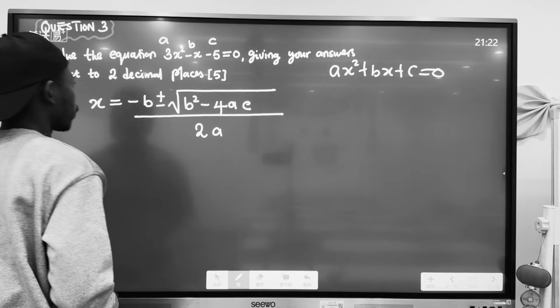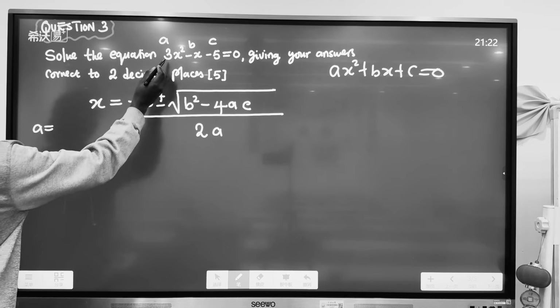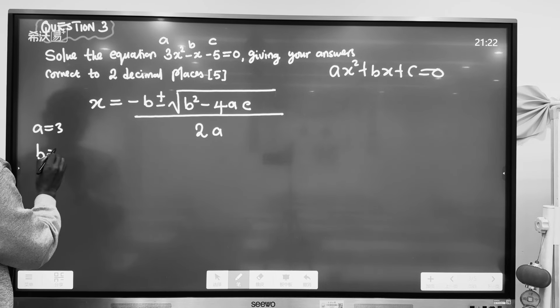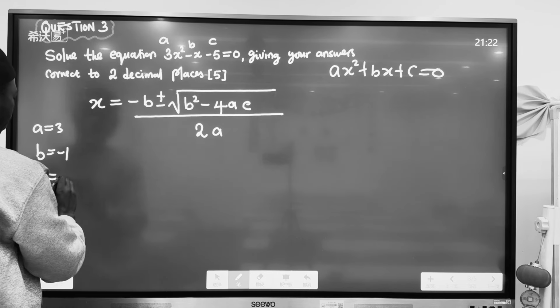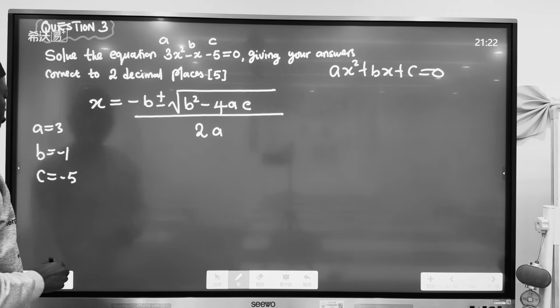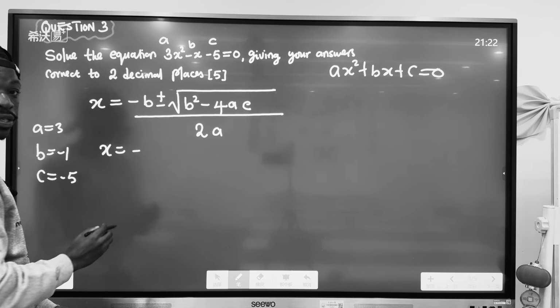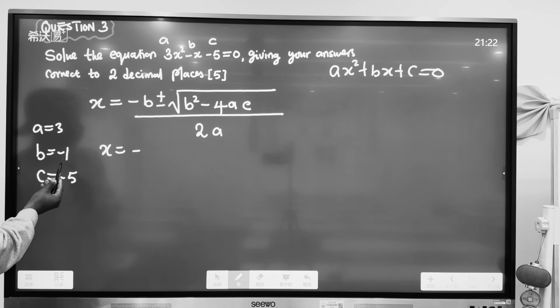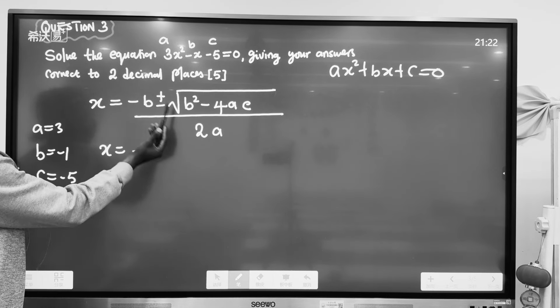Okay, so let's first of all know what our a here is. So a is this 3, b is -1, and c is -5. Take note there's -1 here. Okay, so we're going to say x is equal to negative. What is b? b is -1. But remember, the formula already has negative, it's negative b, okay?